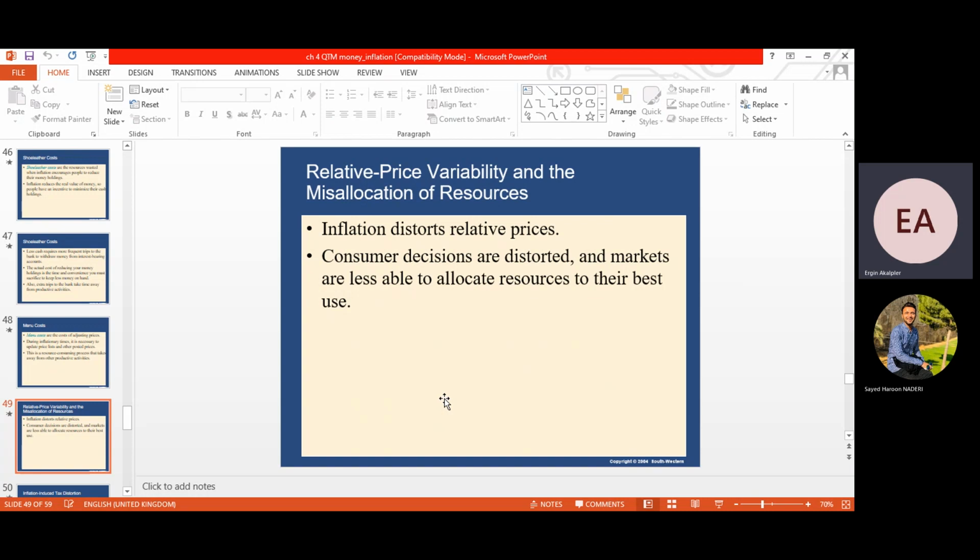They are trying to manage this loss from the market, going to market, finding reasonable prices for shopping, or trying to wait for these higher prices to fall. There are some discount sales for being able to shop and cover this loss from inflation. And markets are less able to allocate resources to their best use because of this inflation.